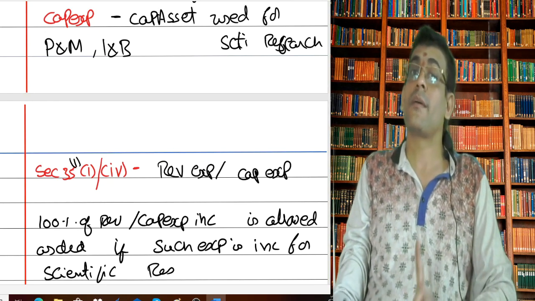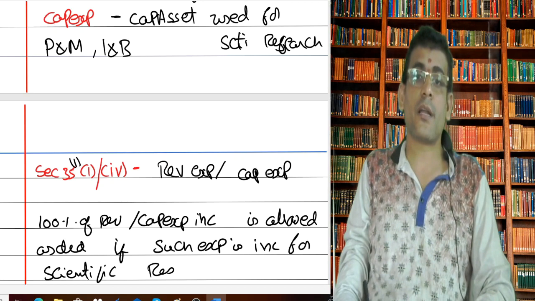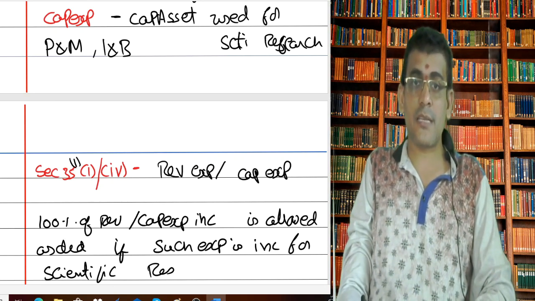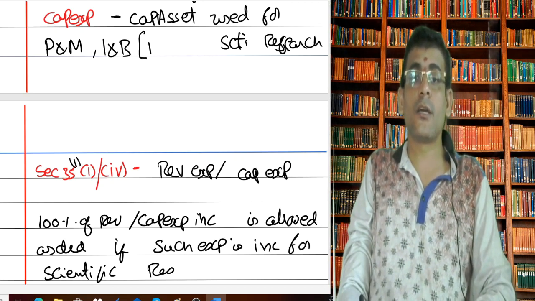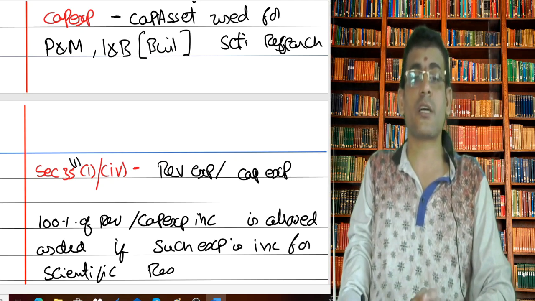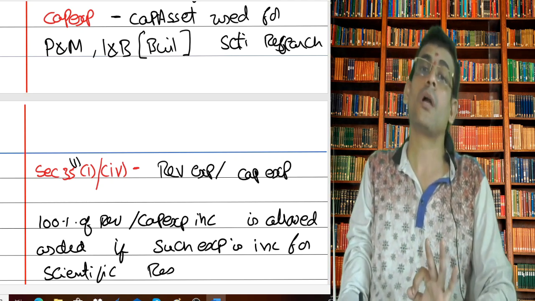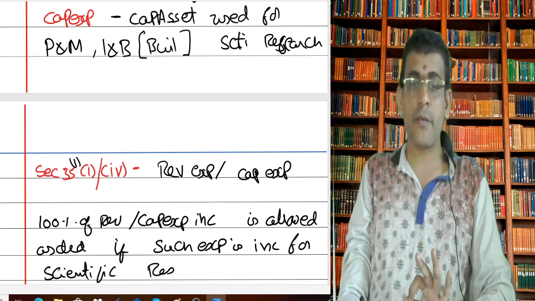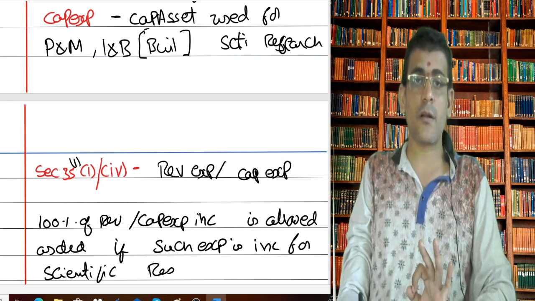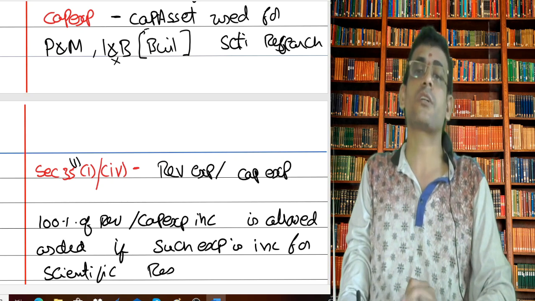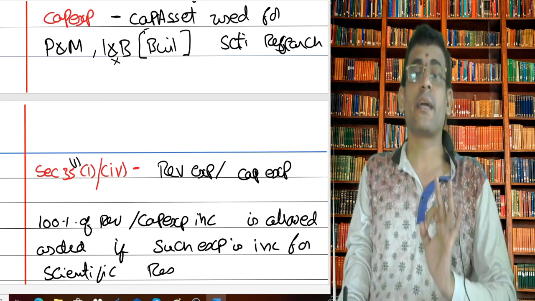Regarding capital asset, we should understand one thing. Here I had mentioned land and building, but it includes only building. Land is not allowed as deduction under section 35 at all. So here land and building means what? Only the building is allowed as deduction, but land is not allowed as deduction. Only the building part you can take as deduction.